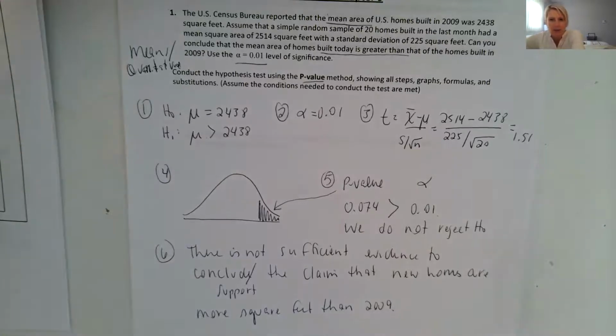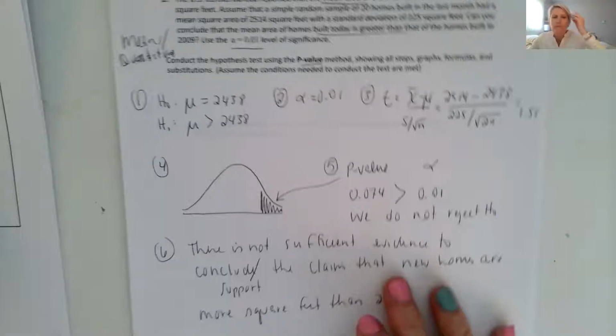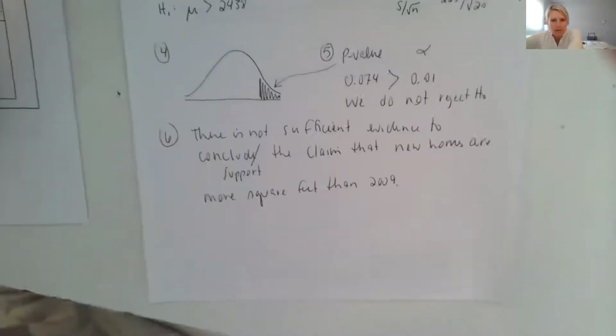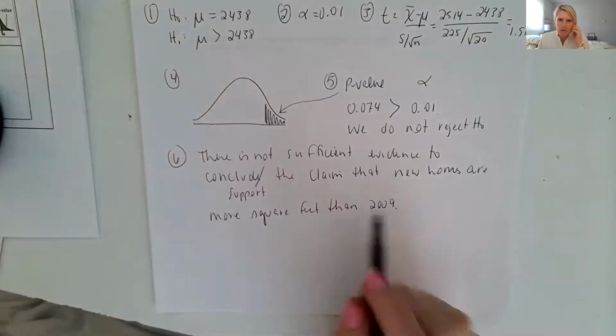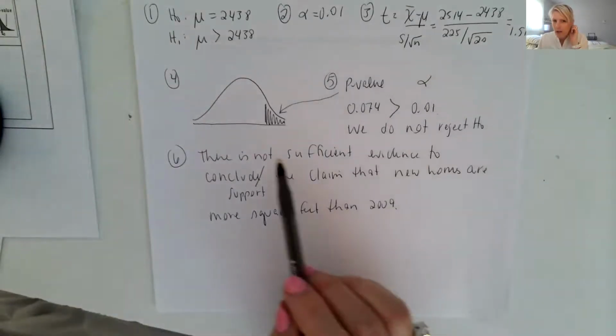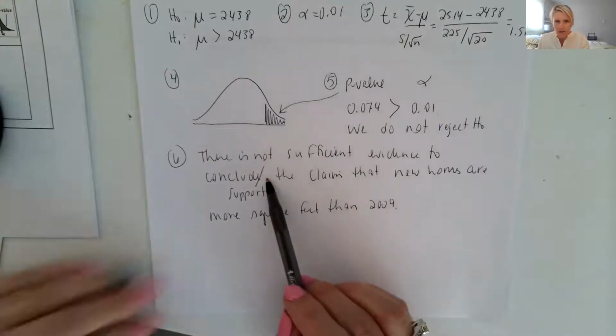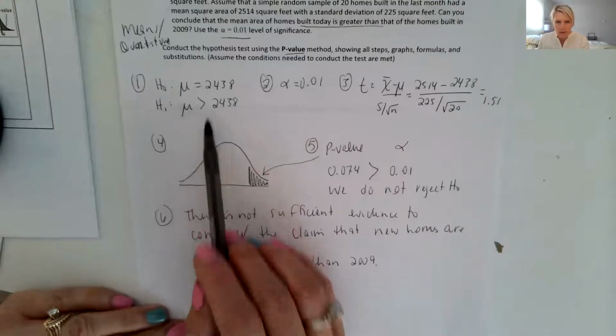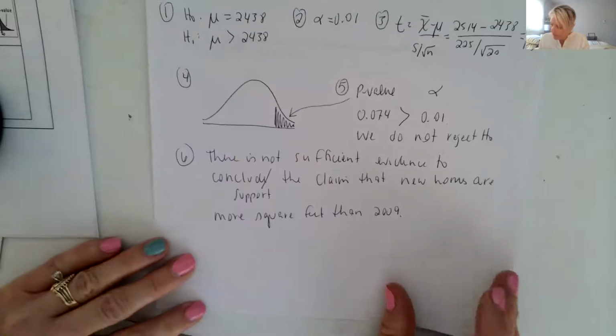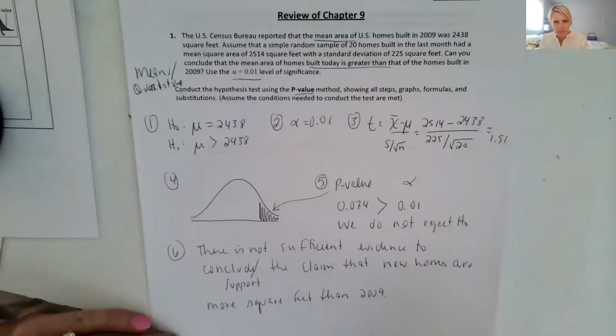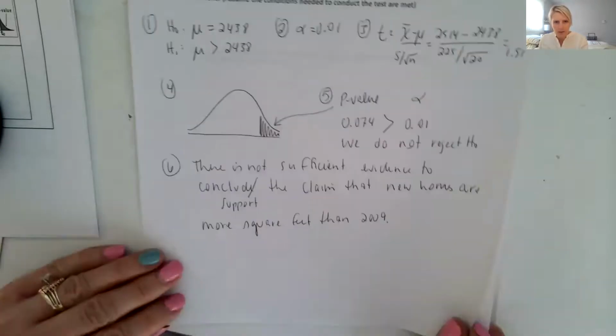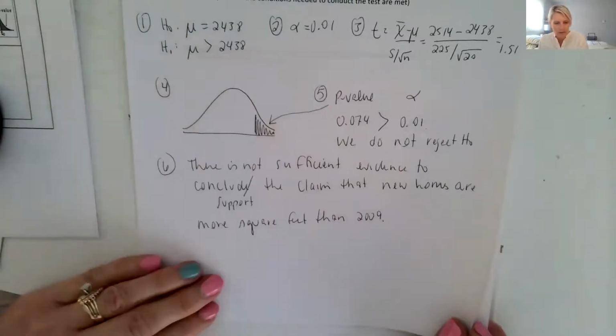We don't quite have enough evidence. We're not far enough from the mean. So we do not reject H0. That means we do not support the evidence to say that it's bigger than 2,438 square feet. Okay, so this is what these should all look like, something like this.